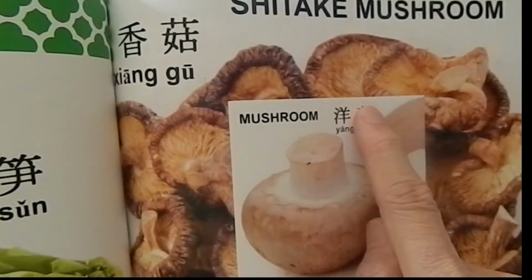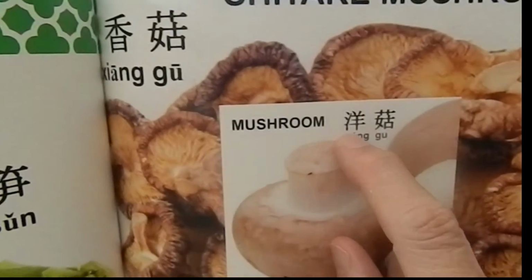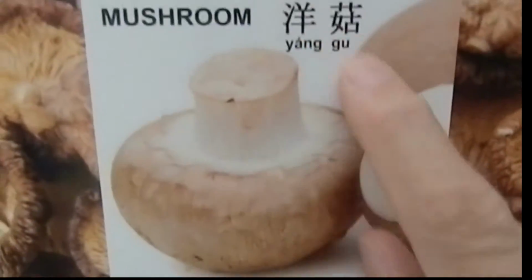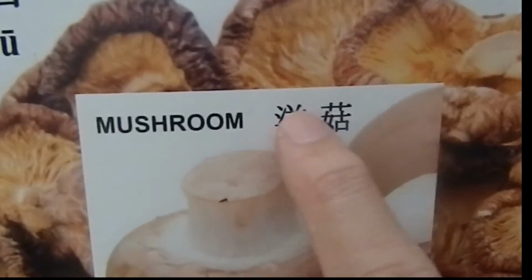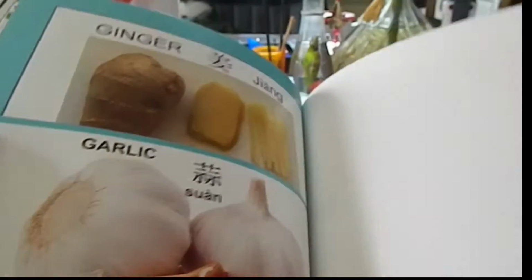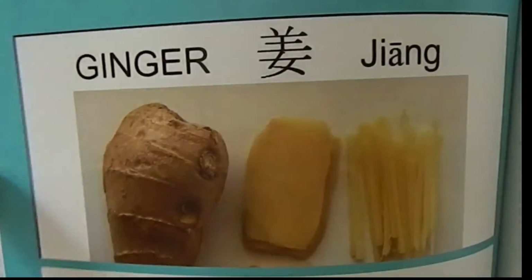Yangcong means regular onion. Now we have a yanggu too. This is like Western mushroom. That's what they call it. So you have a xianggu and you have a yanggu. Now, the next one, let's see. Oh, okay, this is the last one.